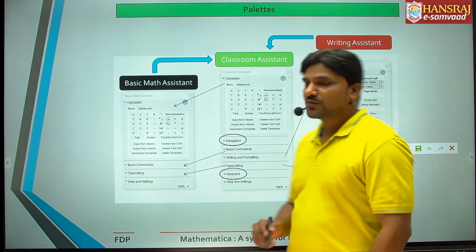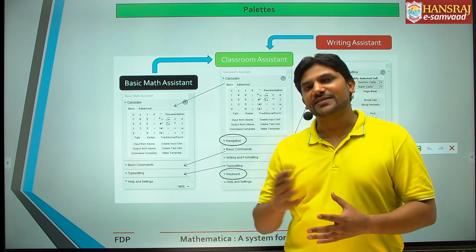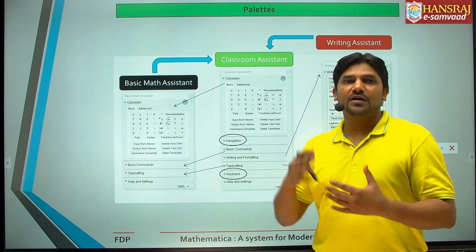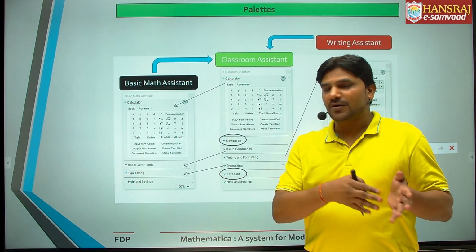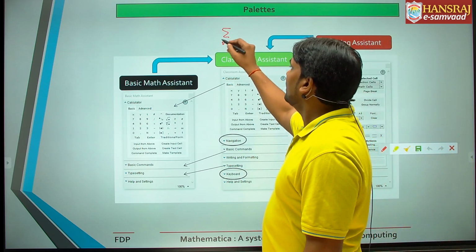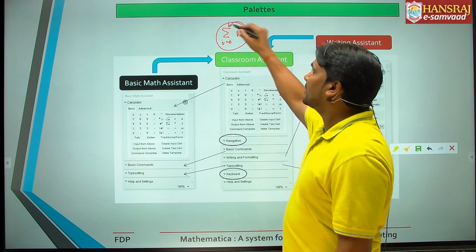Mathematica does not just provide you the programming environment, it also provides you the palettes. Palettes are basically the structures in which you can write your work directly as in your notebook. For example, you want to write summation i equal to 0 to 10 of i square. So you can directly write in this way also.